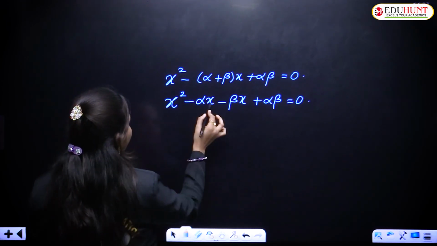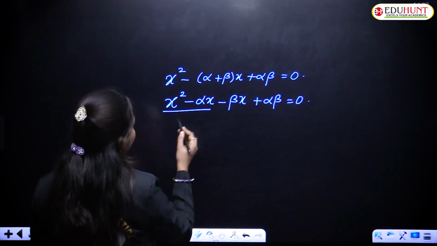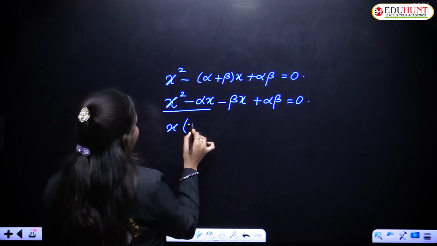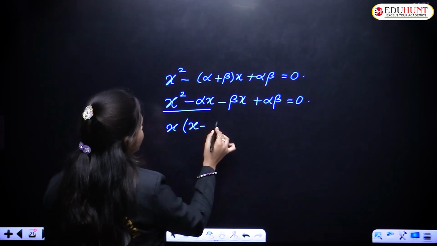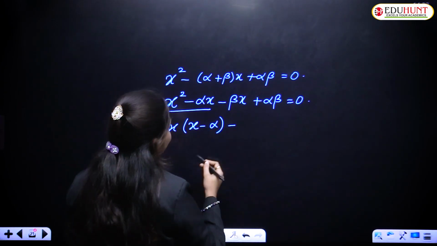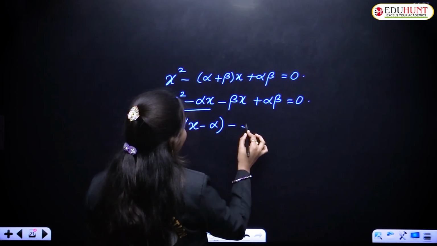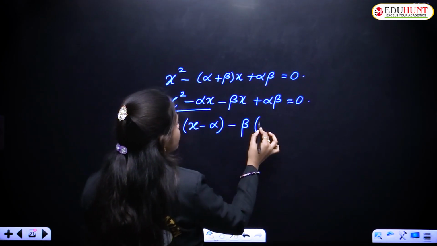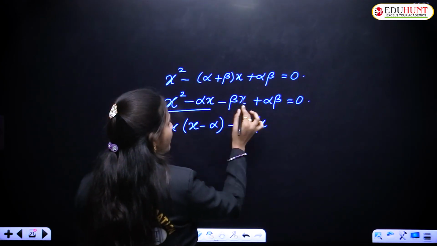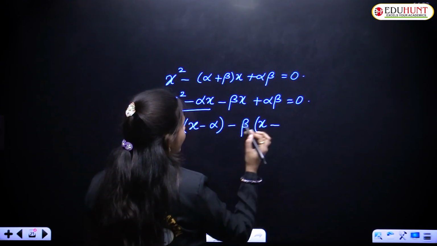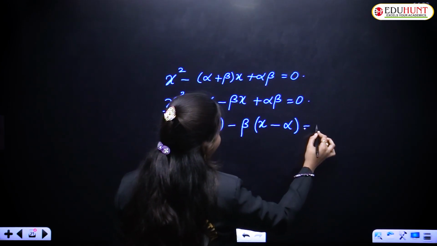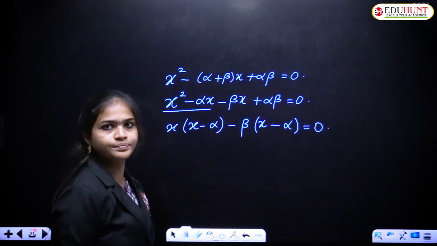Okay, so from the first two terms we can take x as common. So x is left over, minus alpha. From the other two terms we can take beta as common. So x is there, and minus into minus is plus, and beta already taken, so the left over is alpha, which is equal to 0.